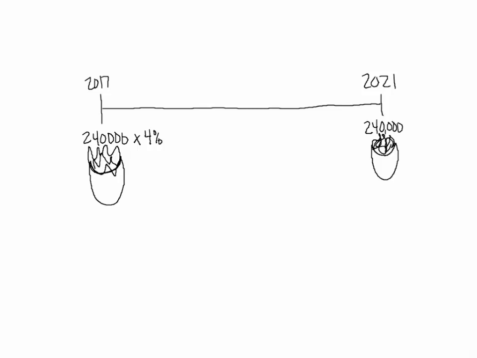The value of this 240,000 when I move into the future is not going to be $240,000. It will be more. It'll be like $255,000. Do you understand why that's the case? No. Because of the interest rate that's being paid. The inflation rate is only 2%.